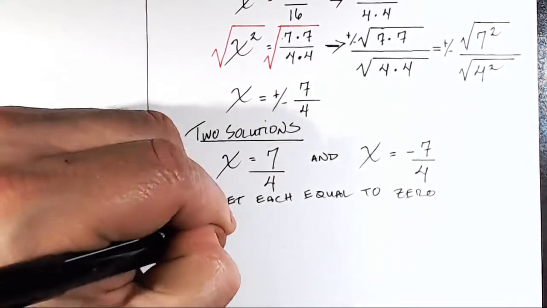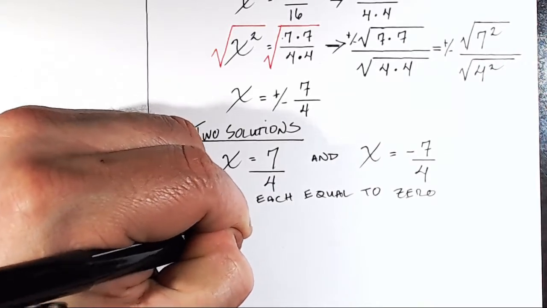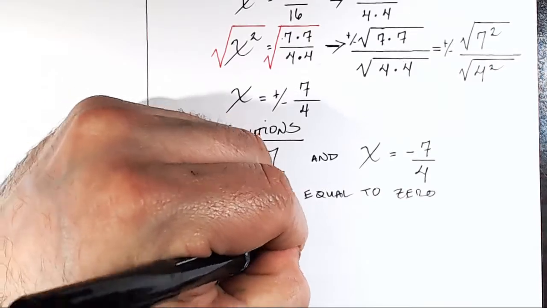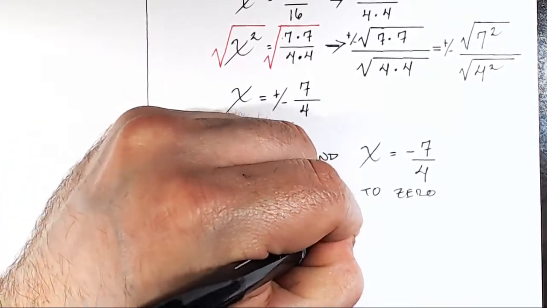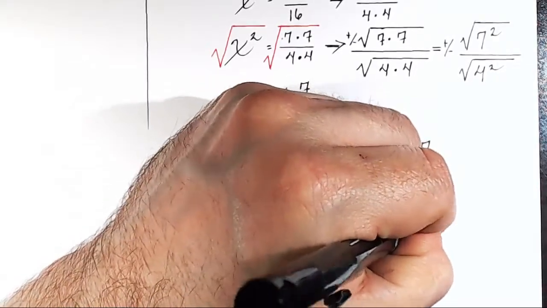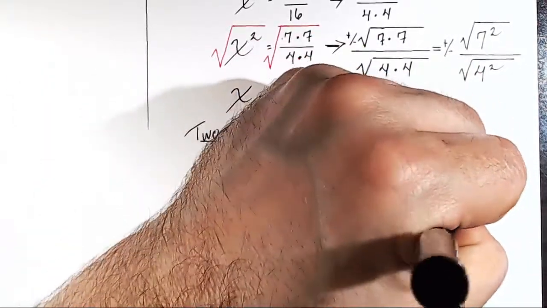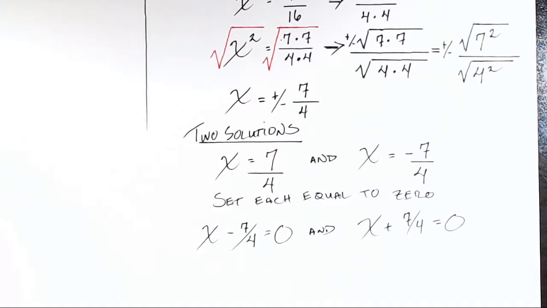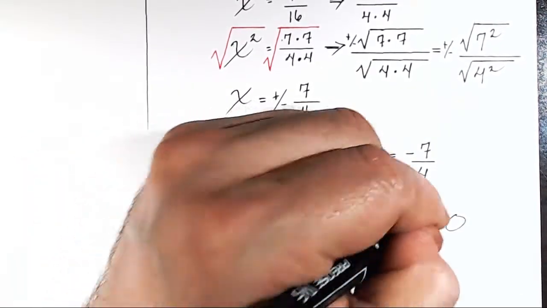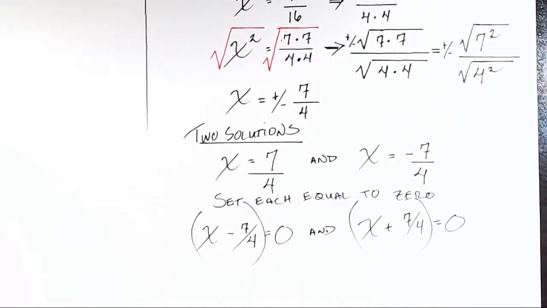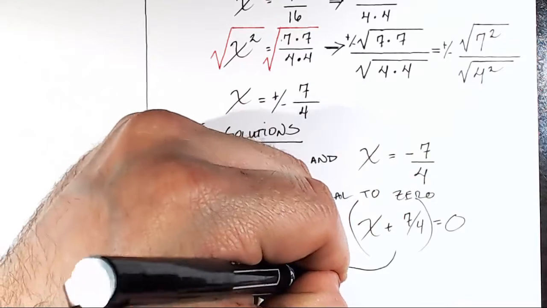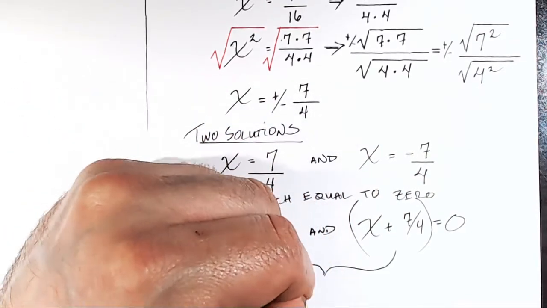So I have x minus 7/4 equals 0, and x plus 7/4 equals 0. All right, now these are my factors.